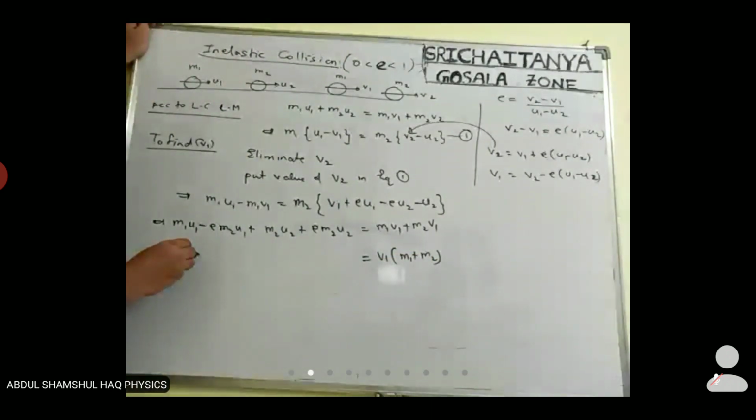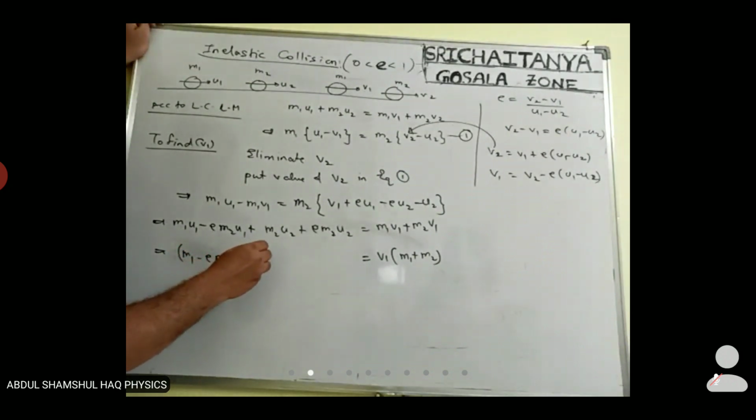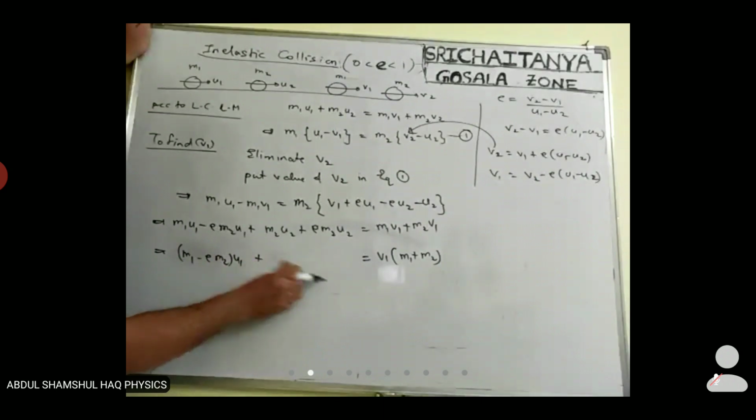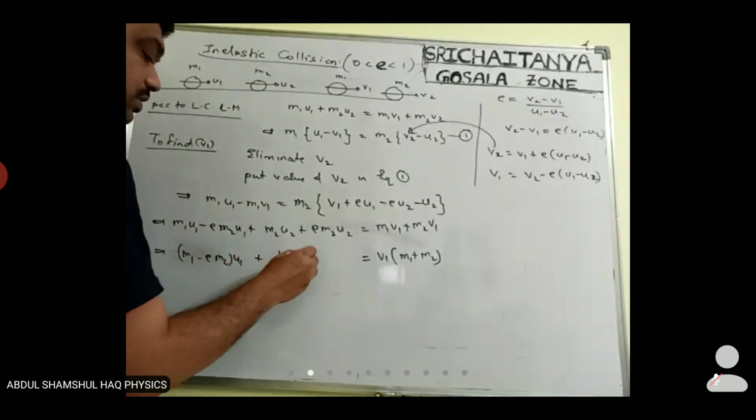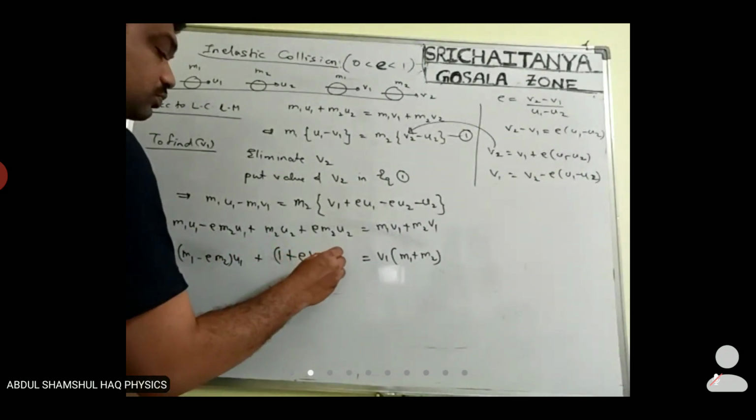So m1, if we take 1 minus e as common factor, it is m1 minus e m2 into u1 plus 1 plus e into m2 u2.